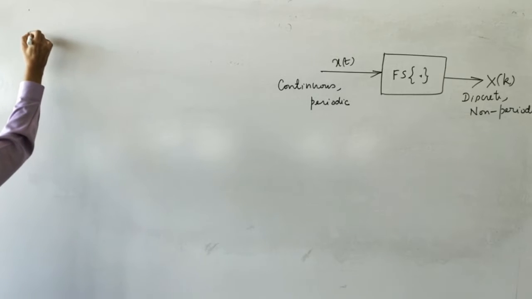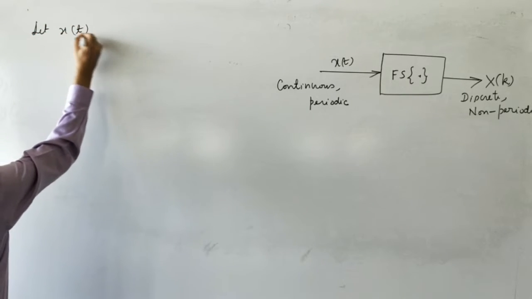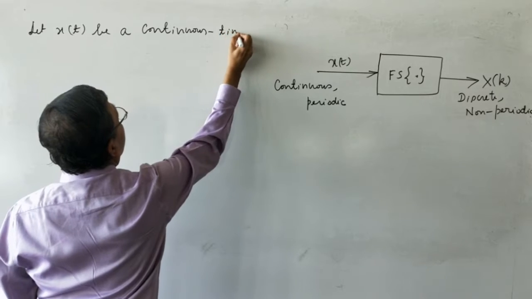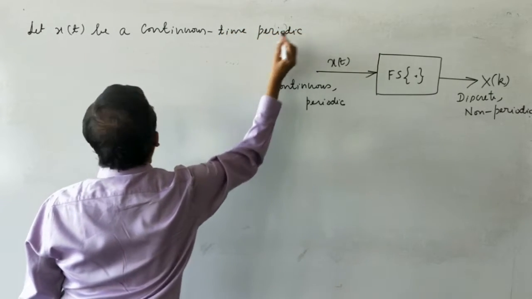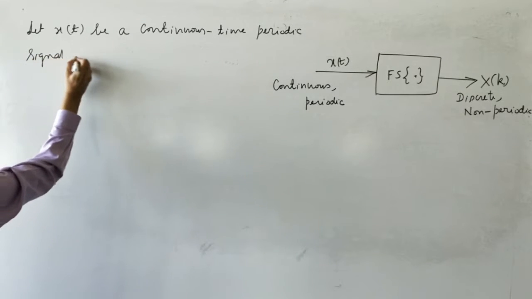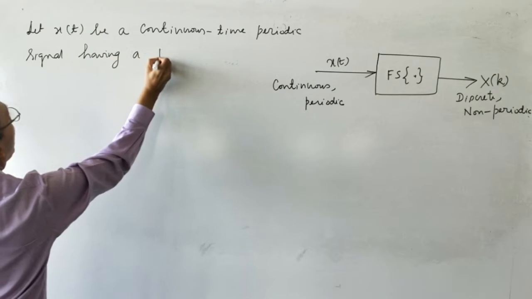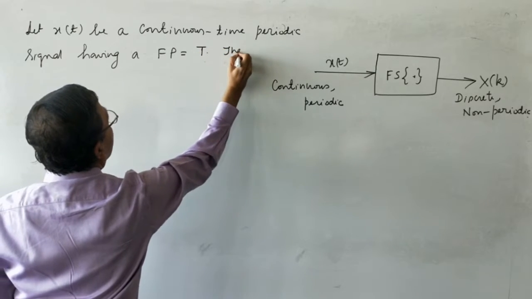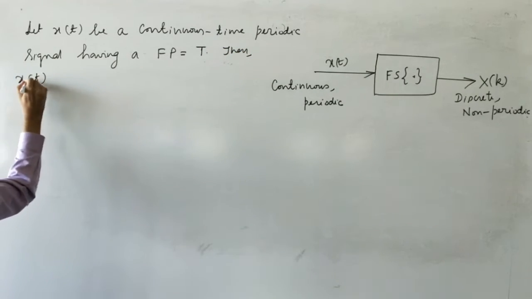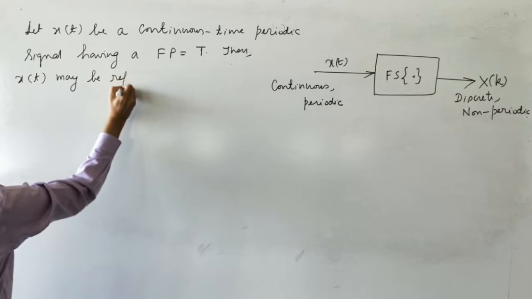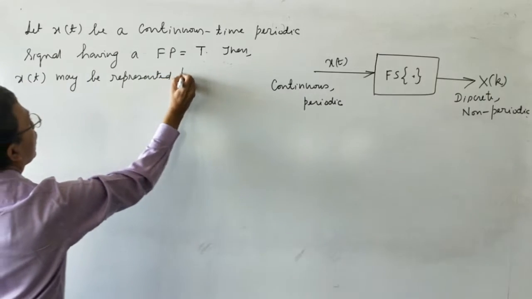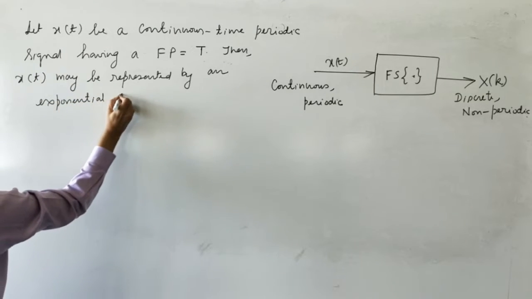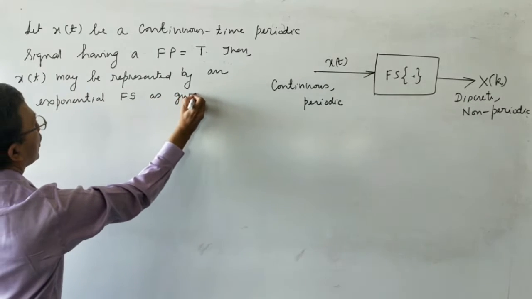Let x of t be a continuous time periodic signal having a fundamental period equal to T. Then x of t may be represented by an exponential Fourier series as given below.